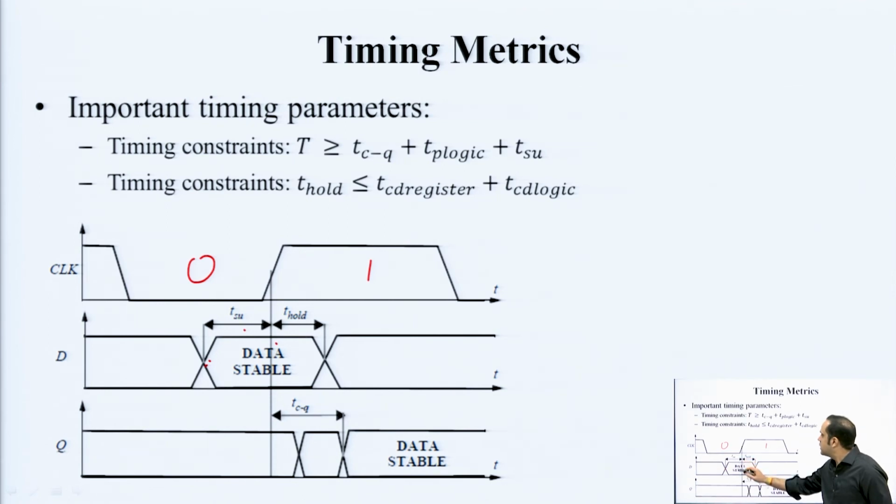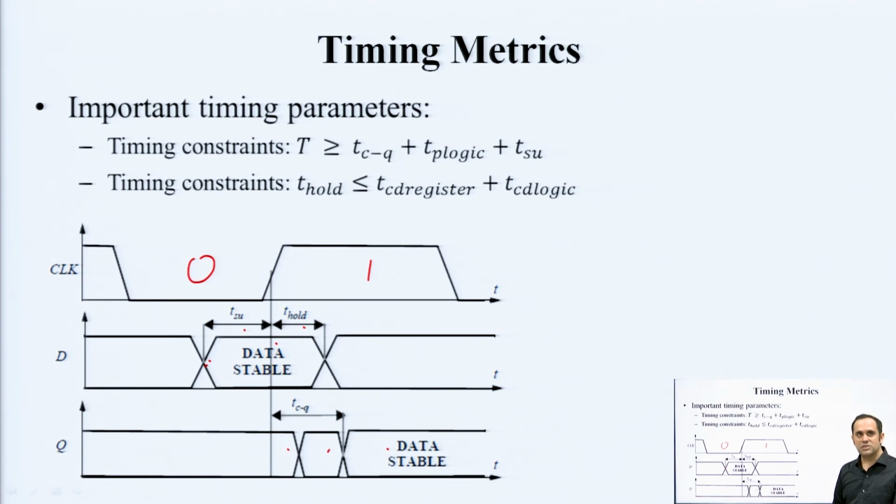This is your setup time, and after the clock has triggered, it should still remain, so that all delays can be accommodated. This is your hold time. And this T C Q is your contamination delay, sorry, with respect to the clock. When the clock triggers, how much contamination delay is there. So, there are some unstable states here, and then the data output becomes stable.